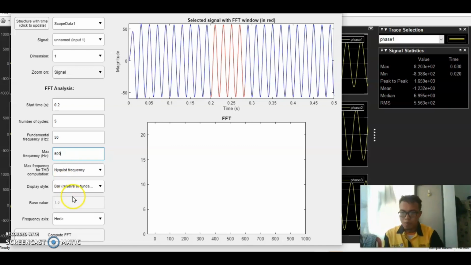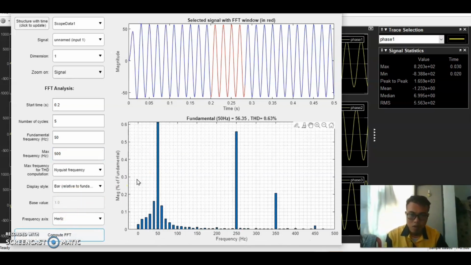Then we display the complete FFT. As you can see, the THD for the current is 0.3%, which matches our requirement.